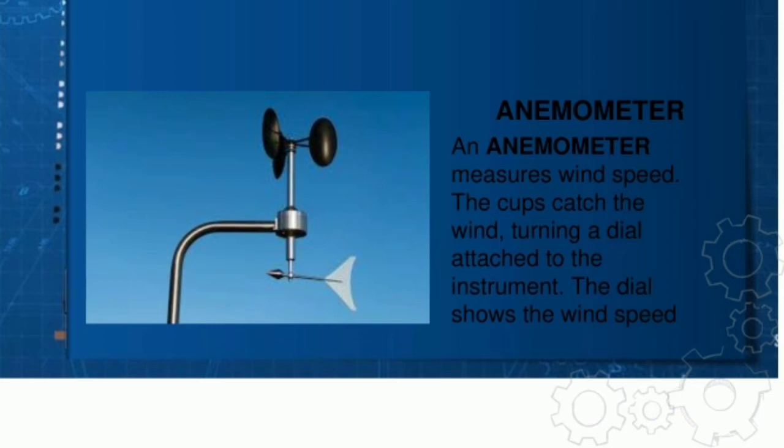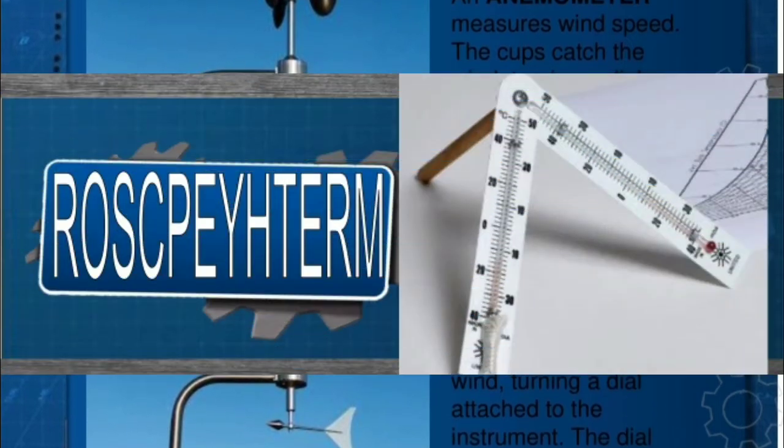The anemometer counts the number of rotations or turns, which is used to calculate wind speed. Because wind speeds are not consistent, there are gusts and lulls. Wind speed is usually averaged over a short period of time.